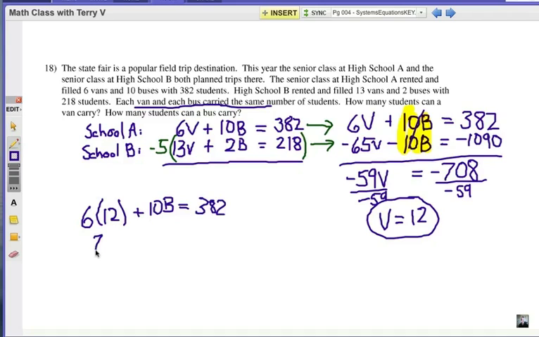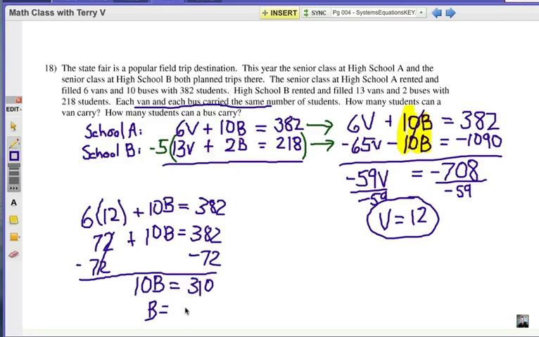All right, that'd be 72 plus 10B equals 382. Subtract 72 from each side. 10B equals 310 and B equals 31. So 31 students in every bus and 12 students in every van.